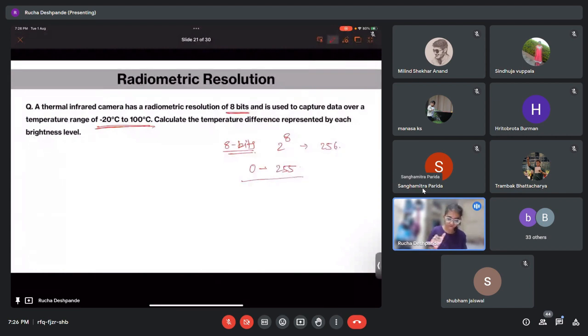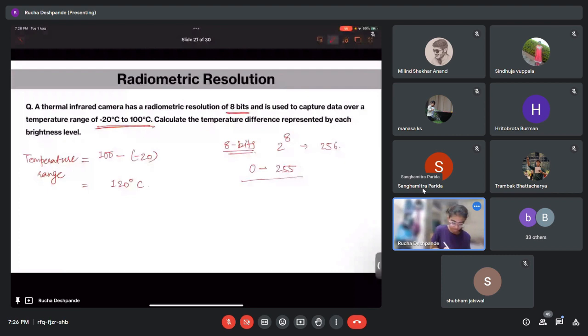So the total range will be 100 minus 20. Yeah.